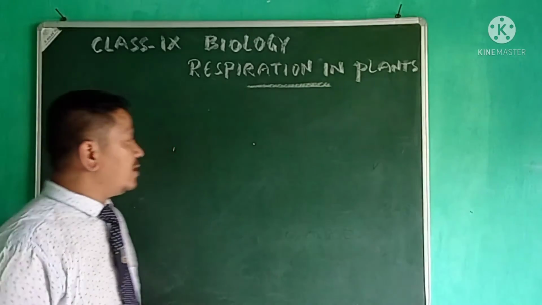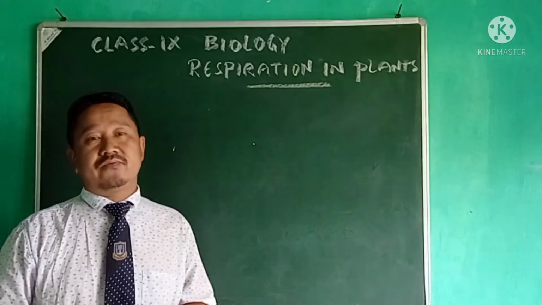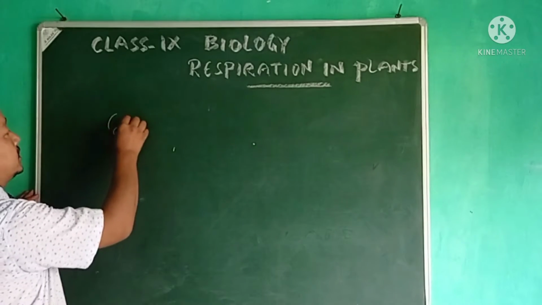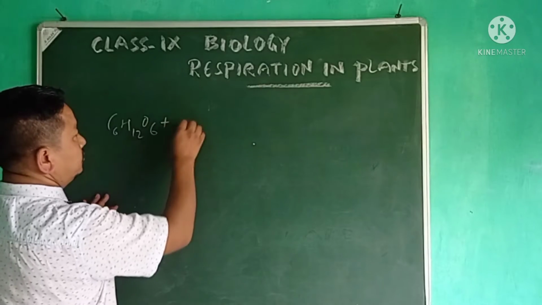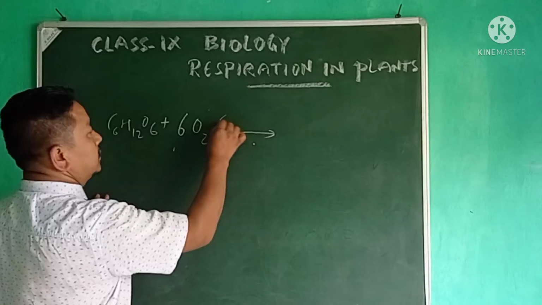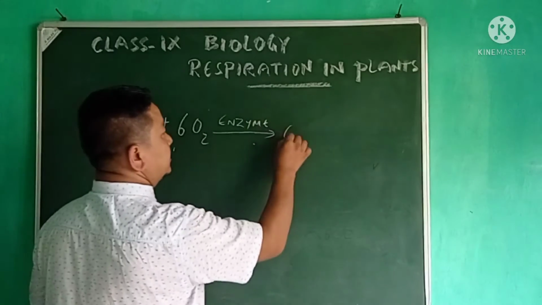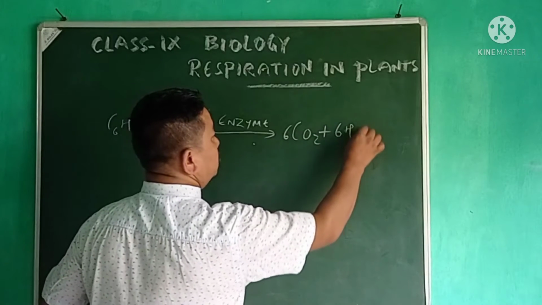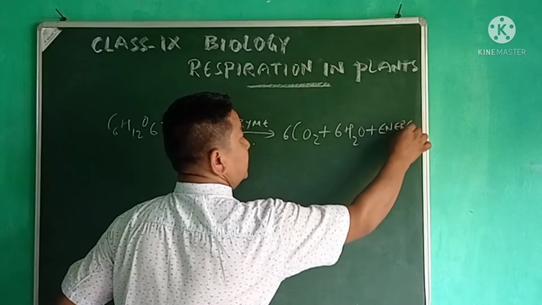So we'll start with the equation of respiration. That is C6H12O6 plus 6 molecules of oxygen, then enzyme, then 6 molecules of carbon dioxide, 6 molecules of water plus energy. Plus what? Energy.